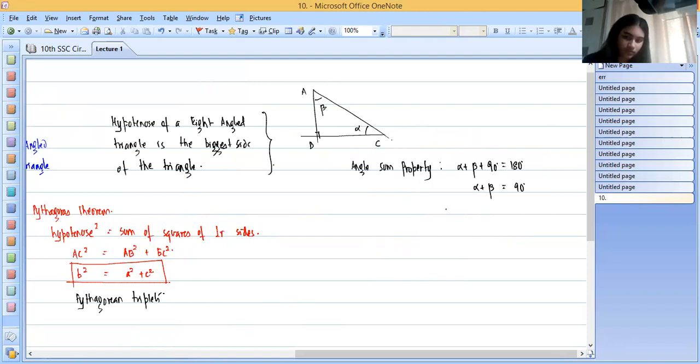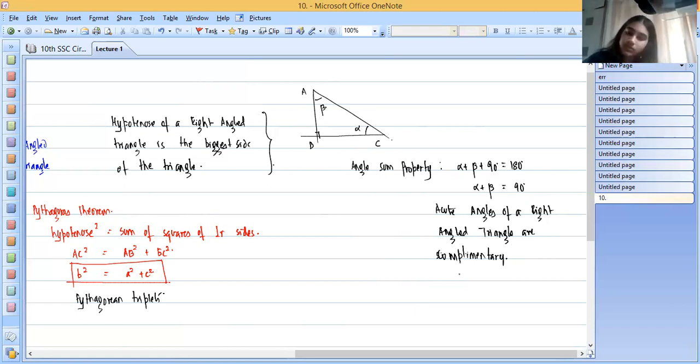That means acute angles of a right angle triangle are complementary. That means alpha is less than 90 and beta is less than 90.